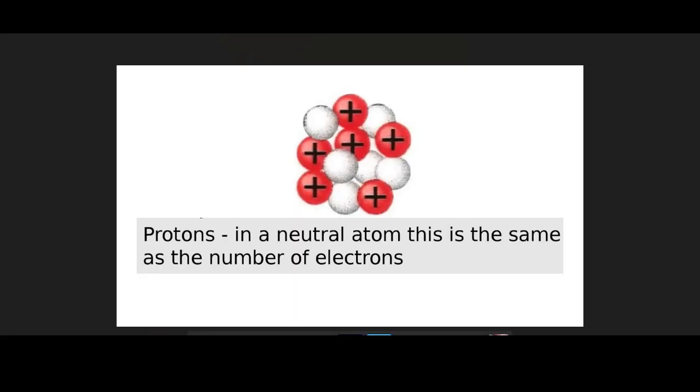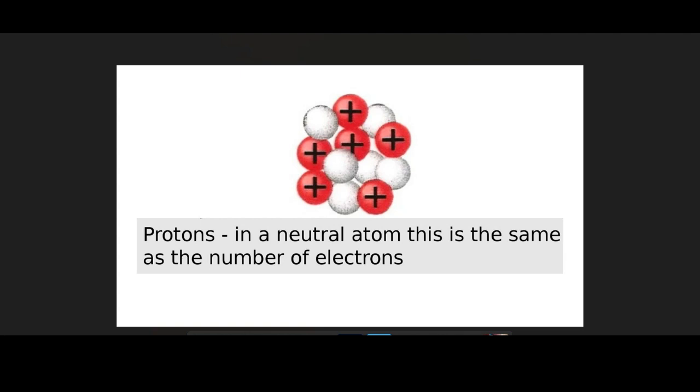Now we'll talk about the protons, or the atomic number of the atom. The protons which are present in the nucleus make up the atomic number of the atom. So when we're considering the atomic number, it's just the number of protons in the nucleus. And if you see over here in the explanation, it says that in a neutral atom, this is the same number as the number of electrons.